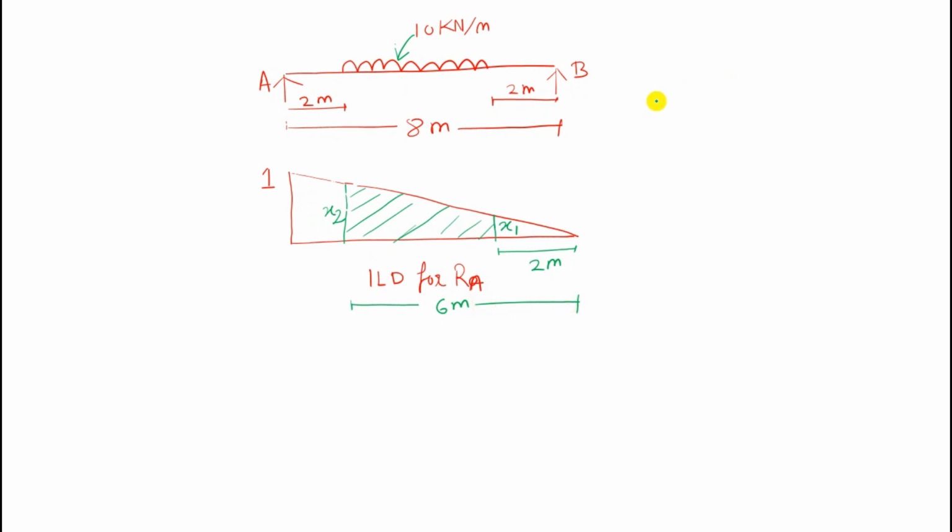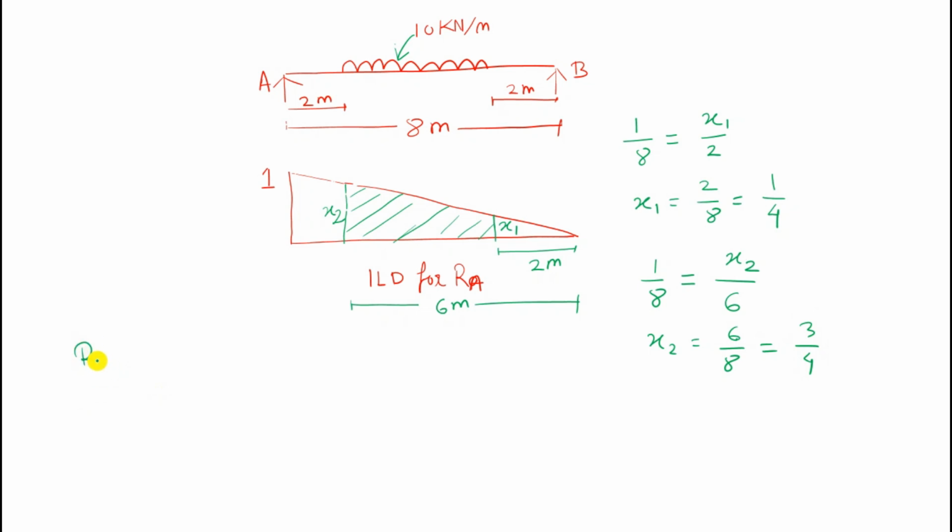So we can say 1 by 8 equals x1 by 2, or x1 equals 2 by 8, that is 1 by 4. And for the second case, 1 by 8 equals x2 by 6. So x2 equals 6 by 8, that is 3 by 4.